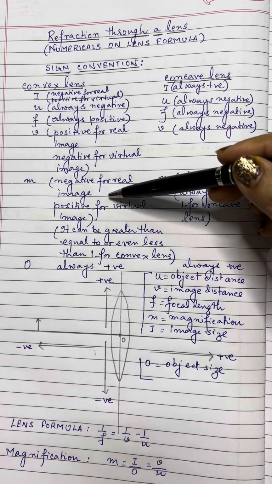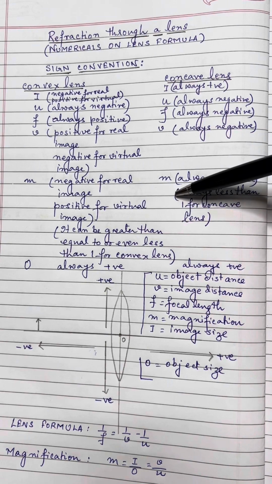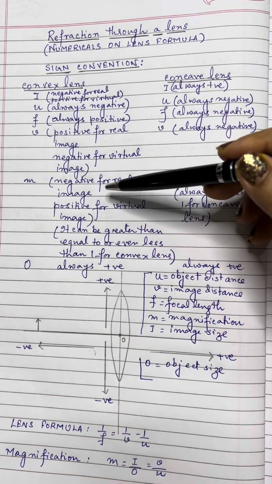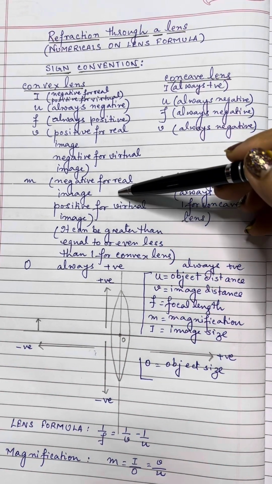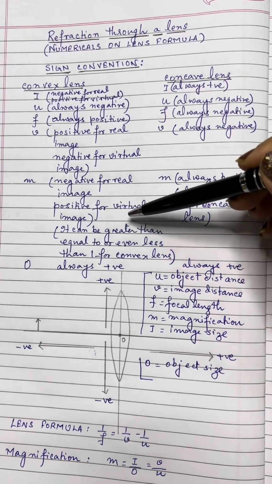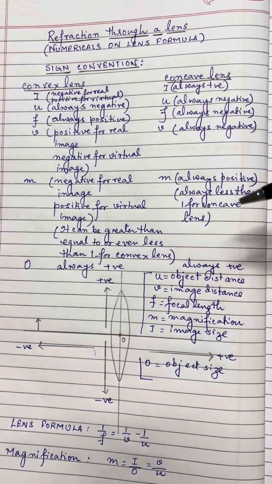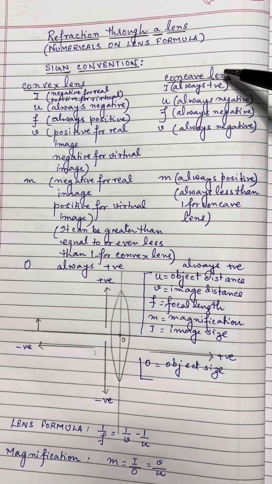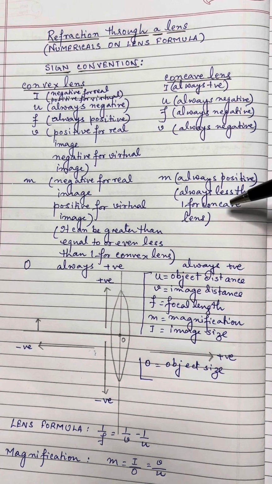Next, we come to the magnification. The magnification is negative for a real image and positive for virtual image, whereas the magnification is always positive for concave lens, because it is always less than 1 for the concave lens.